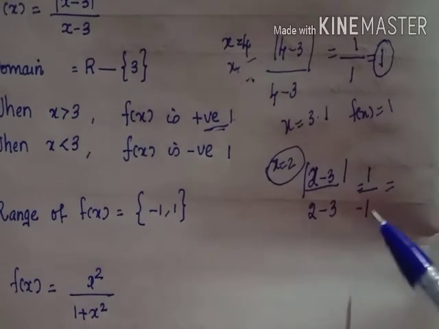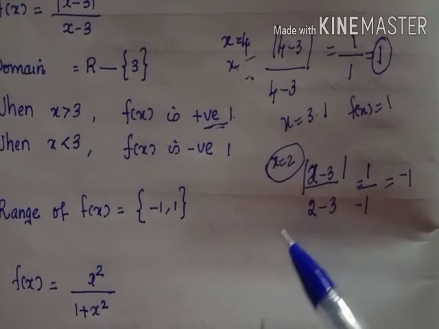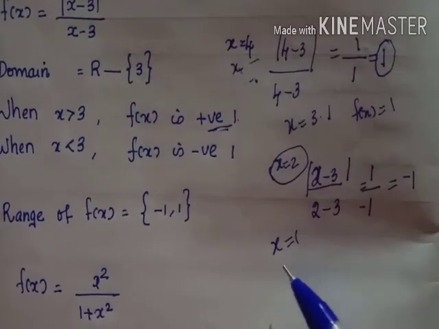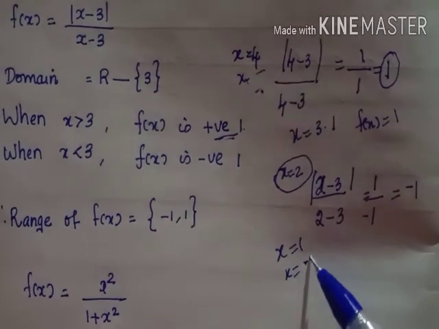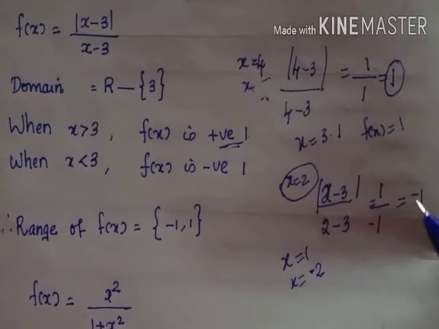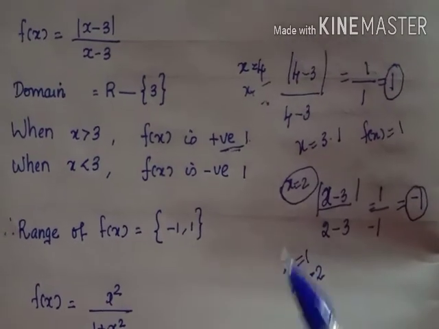So 1 by minus 1 is minus 1. If you take x equal to 1 or x equal to negative 2, whatever it is, you can see the value is always equal to minus 1.